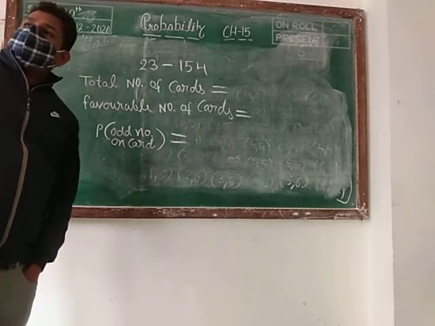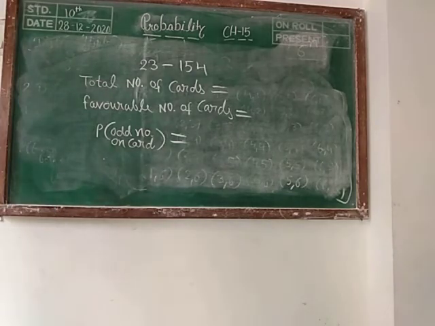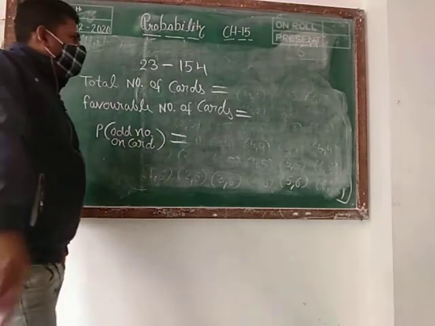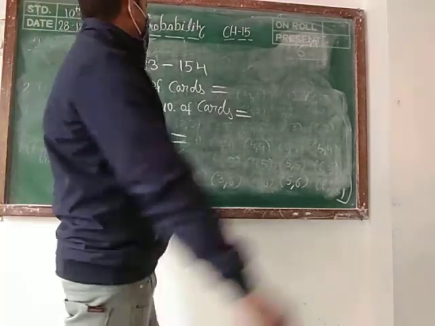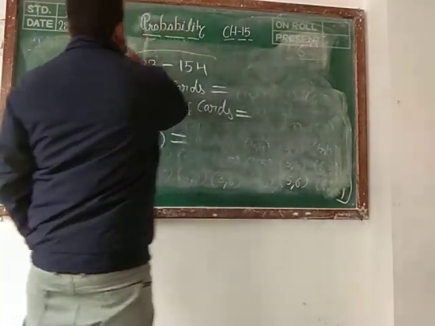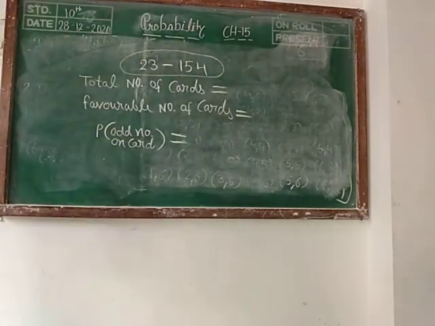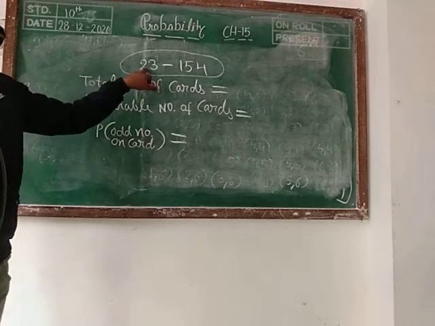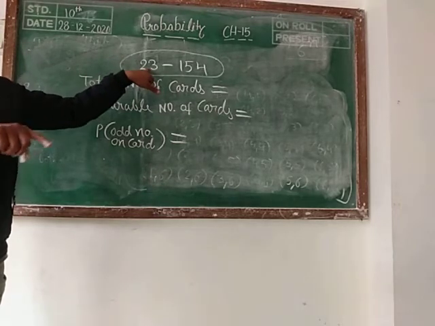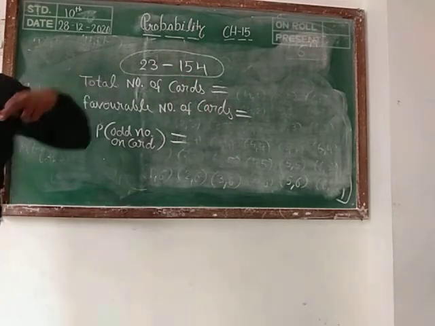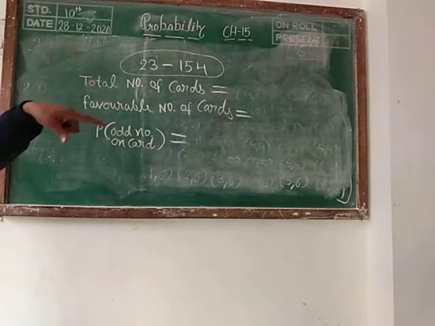Any other answer? No one. Yes, 132 is the correct one. How will you get the total number of cards when these kinds of numbers are given? What we are observing: 23 is also written on a card and 154 is also written on a card. It means we have to include those cards also.